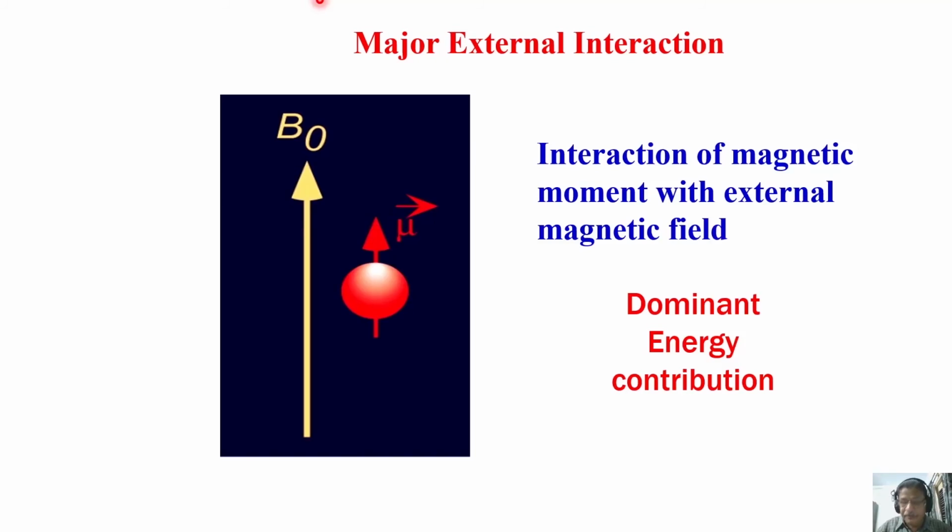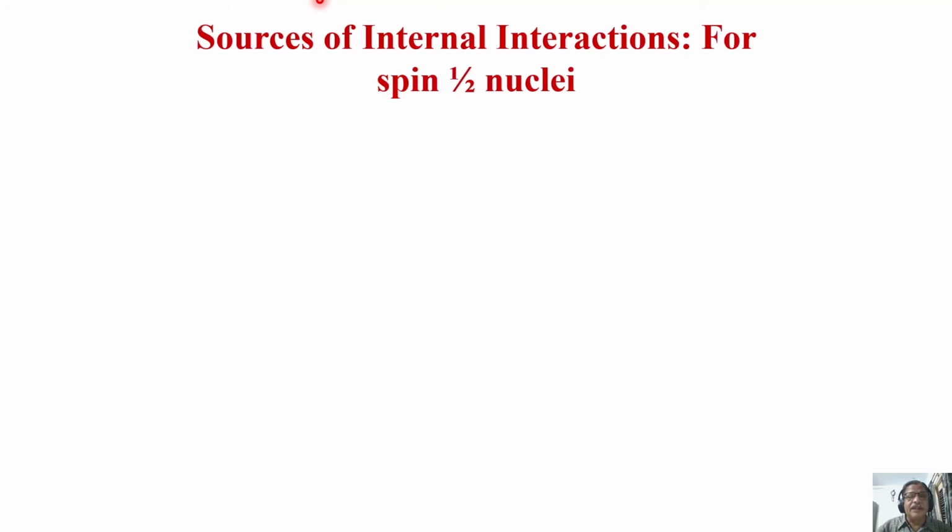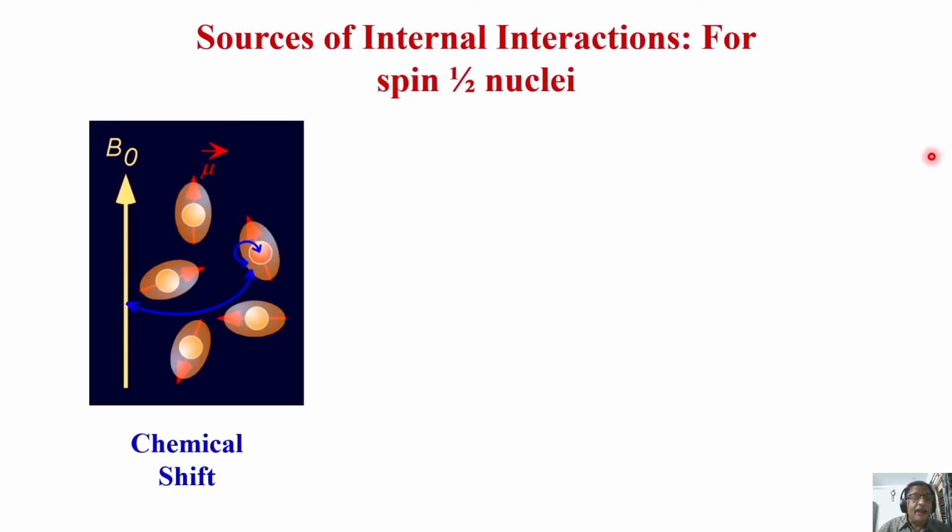Now let us look at the sources of internal interaction for spin half nuclei and which is dominant. We'll come to that later. First, chemical shift. As I said, chemical shift arises because the nuclear spins are not bare spins. The nucleus is surrounded by electrons.